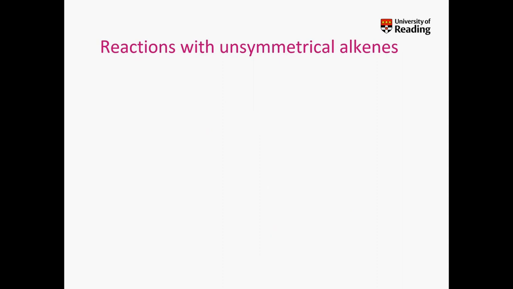So the previous reaction was a very simple symmetrical alkene, but we know that there are lots of alkenes out there that wouldn't be symmetrical. So if we have something which is an unsymmetrical alkene, so something like this, for example, where we've only got one methyl group rather than two, then when we do our reaction with our H+, we're going to add our H+, we're going to end up with two possible options.